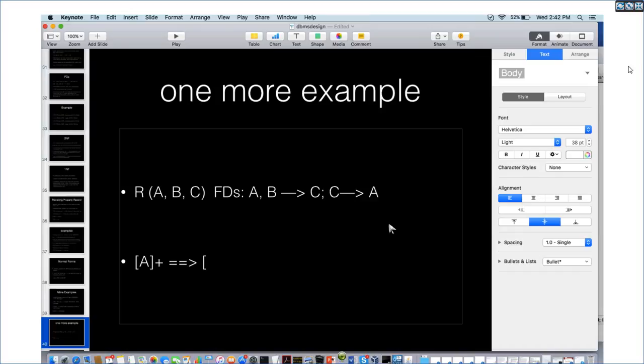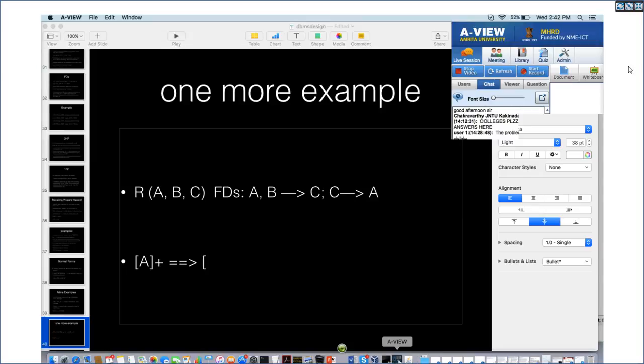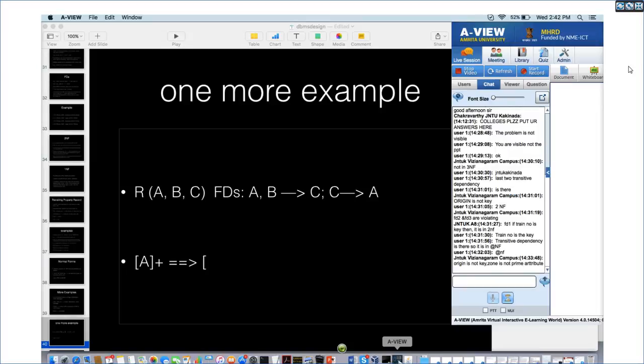What attributes can be inferred, and what then becomes the closure set for A? If I get an answer, it's fine. Otherwise, I'll solve the problem myself.